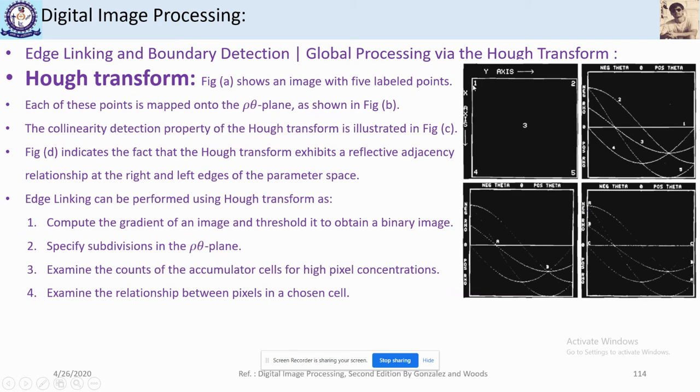So here is point 1. So point 1 is the origin. So this is x axis, this is y axis, this is origin. So here we can see that the theta will vary from minus 90 degree to plus 90 degree, and rho will be always equal to 0, because what is rho?